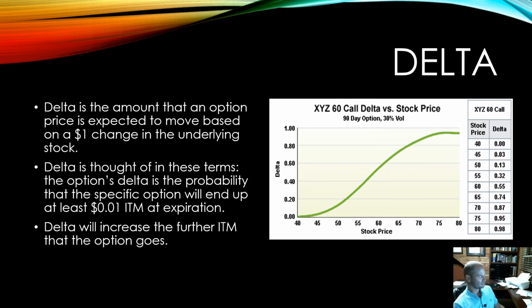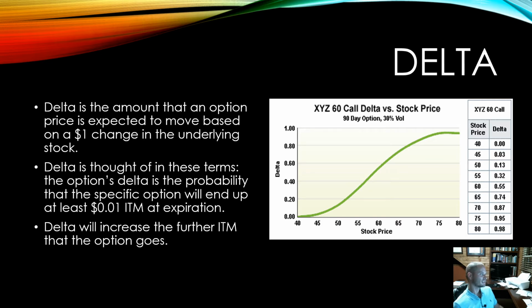Delta is going to be the amount that an option price is expected to move based on a $1 change in the underlying stock. So what that means is, say we bought a call, okay? And say that call had a delta of 25 at the time that we bought it.